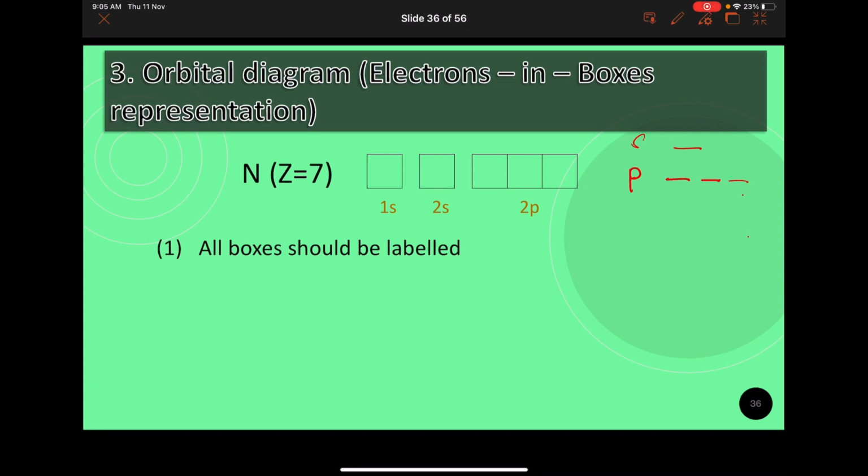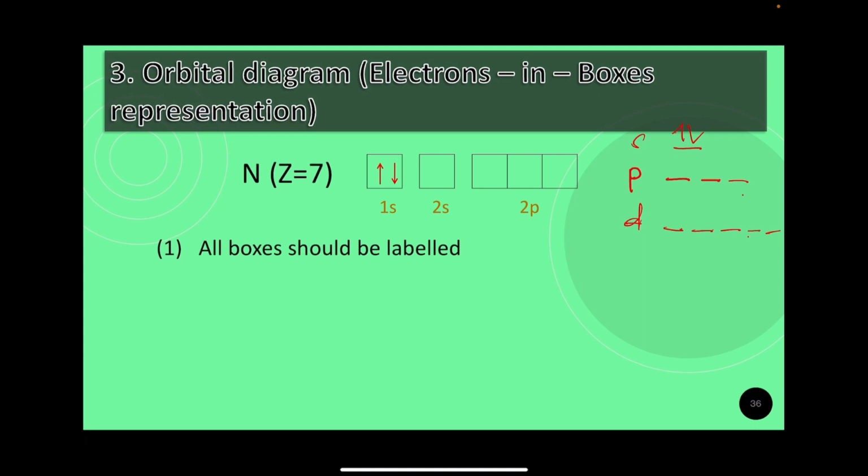I call it a house. For the s orbital, one house. P orbital, three houses. And the d orbital contains 1, 2, 3, 4, 5 houses. Each house can be filled with 2 electrons only, one spin up and one spin down. So if you want to draw the orbital diagram, you need to label each of the houses without mentioning the number of electrons.